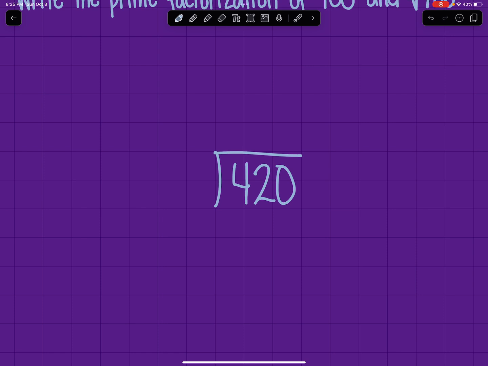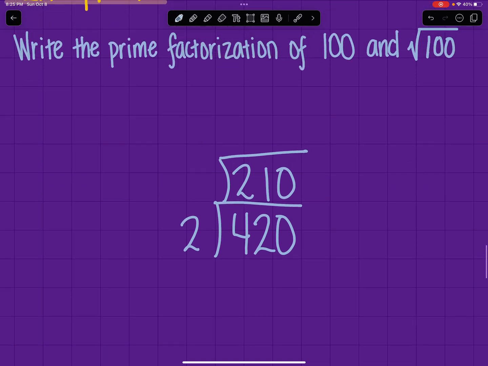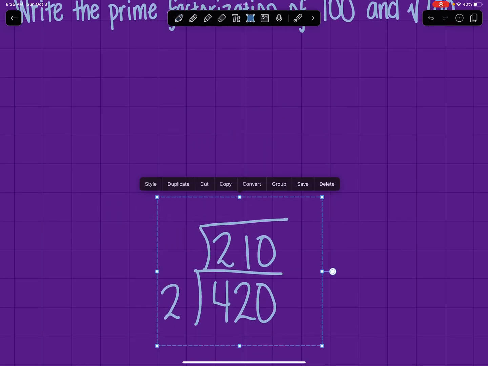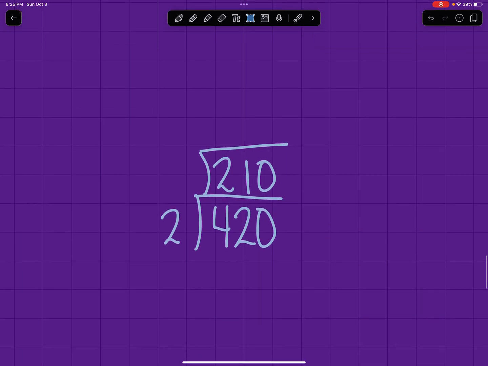Since this is an even number, I know you can divide it by 2. When I do that, I get 210 for my answer. Then I just leave that there and do that again. Divide it by the lowest prime number you can think of. It has to be prime. So 2 again, and you'll get 105 for your answer.